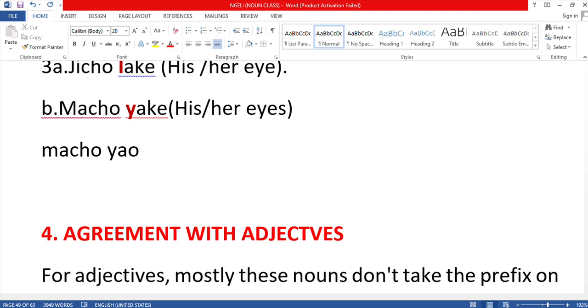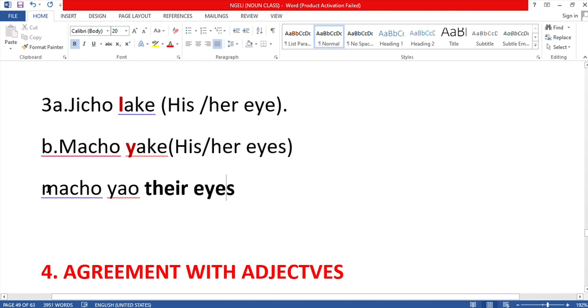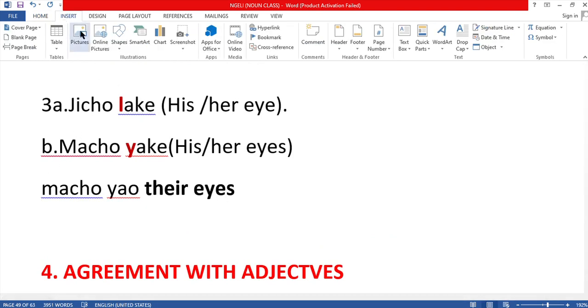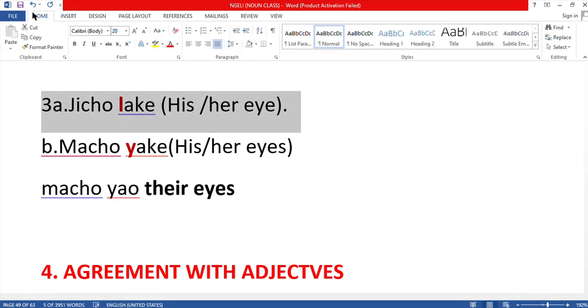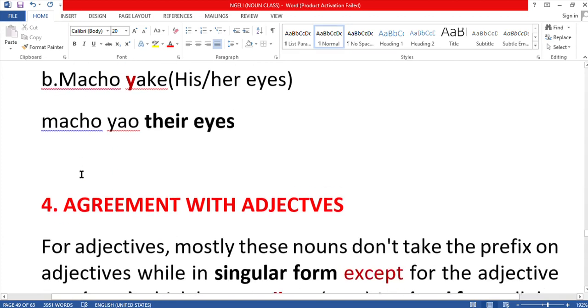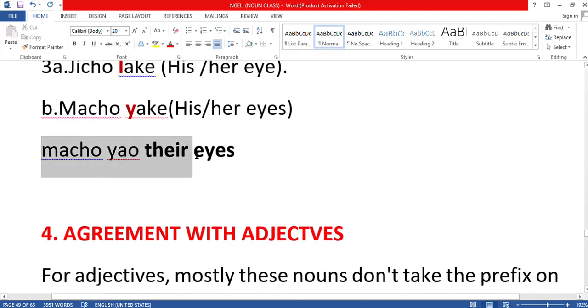Okay, now we are going to macho yao. Here it means their eyes. Okay, their eyes. Okay, so just wait kidogo hapa. Okay, this one can cut it.